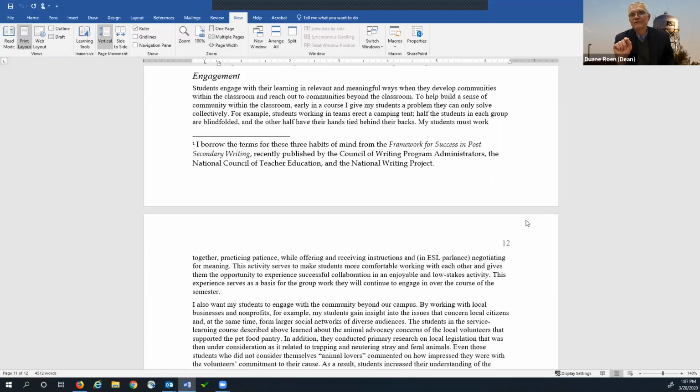There's a ton of stuff out there. Remember that category of scholarly teaching that's based on the existing scholarship about teaching. So I would go read a little bit at least about how to build community in online environments, and there's a ton there.